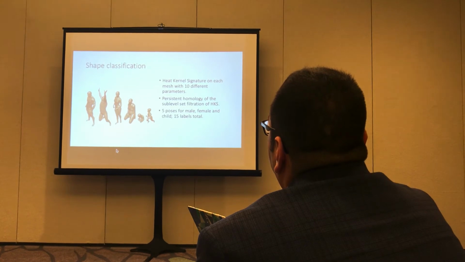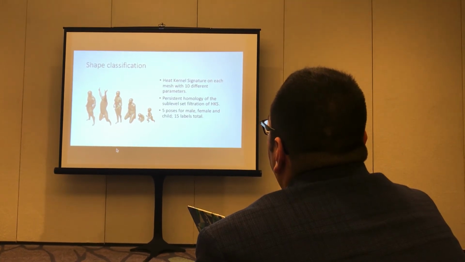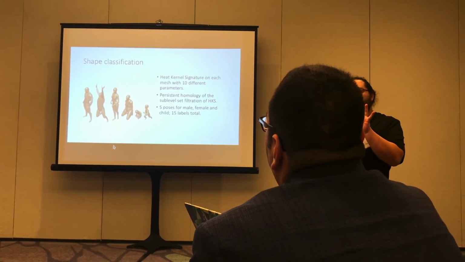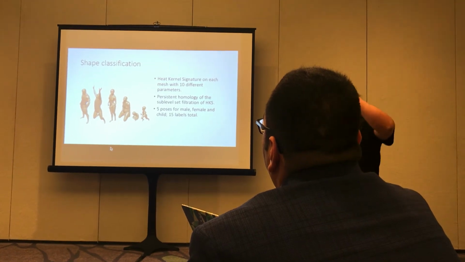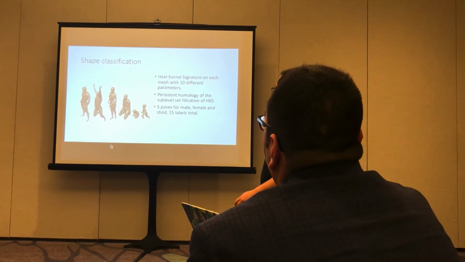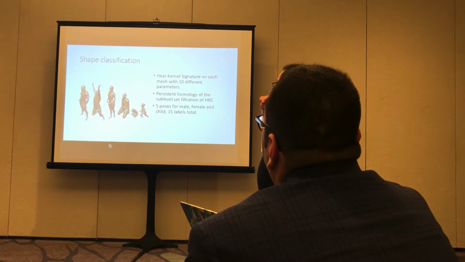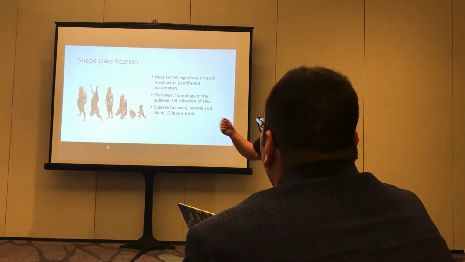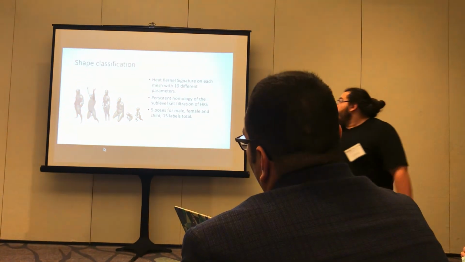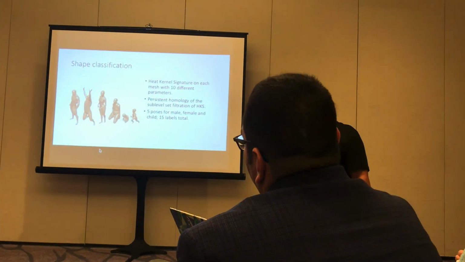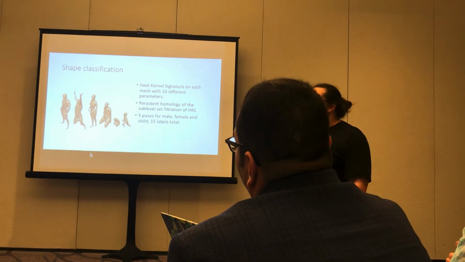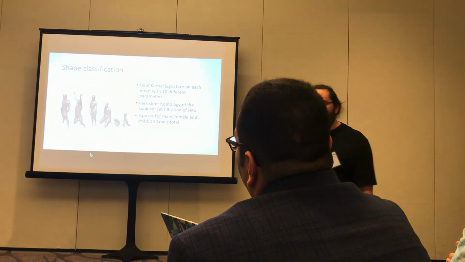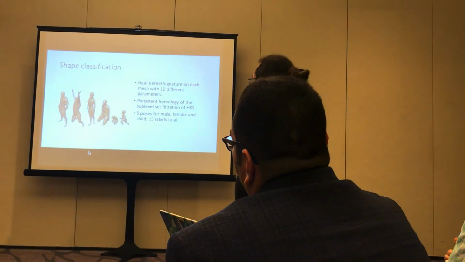The classification goal is that you have 5 different positions for 3 different models, and you want to solve the 15-class classification problem. How do you obtain persistent diagrams out of this? You compute a heat kernel signature on these meshes, and then you compute the sublevel persistent homology of those functions.